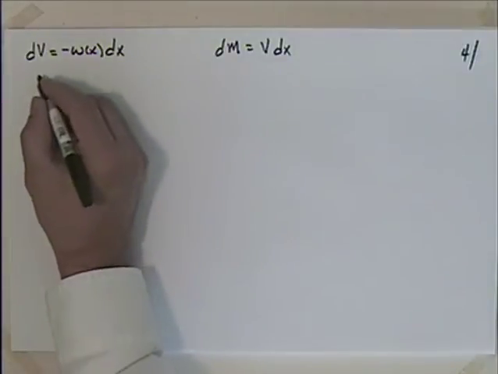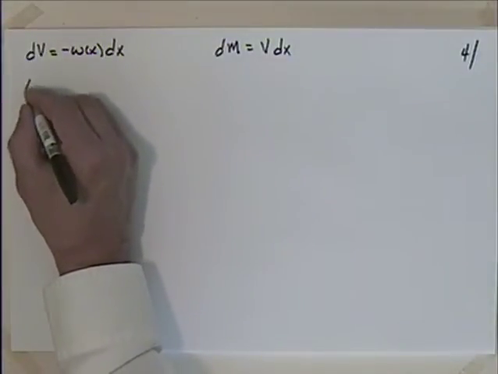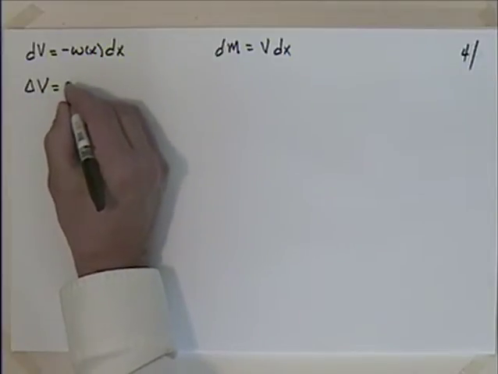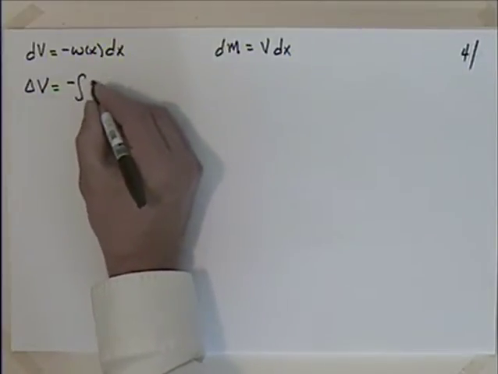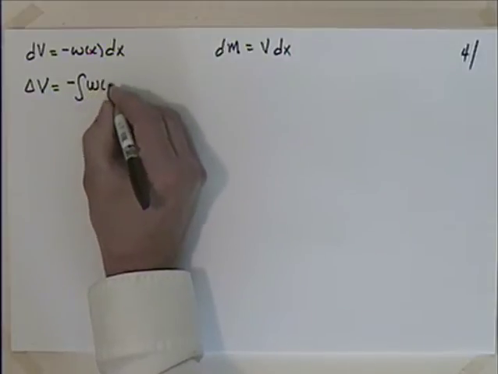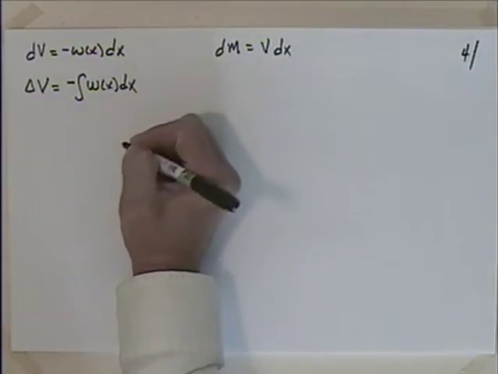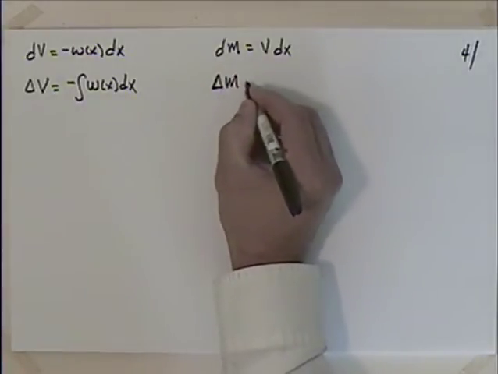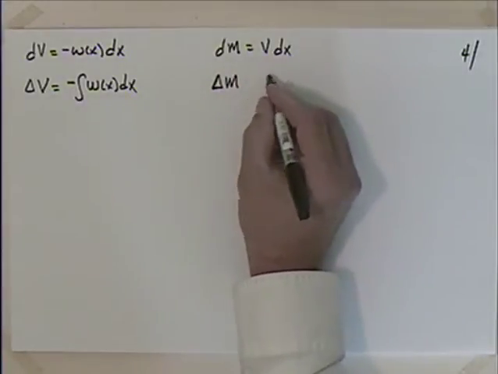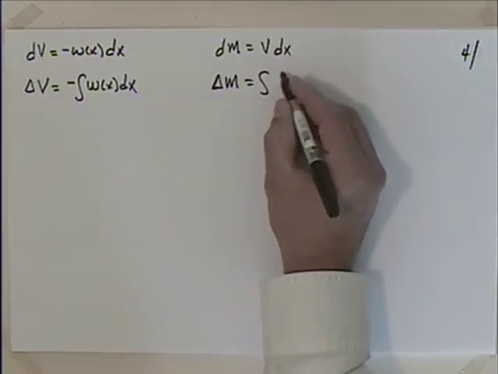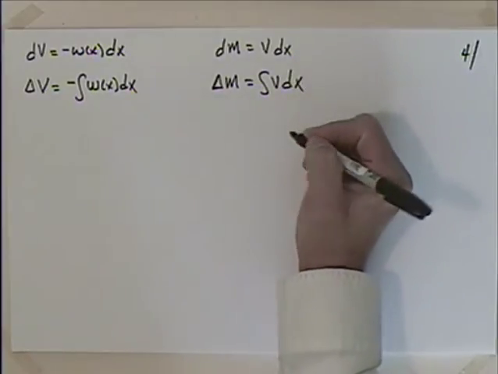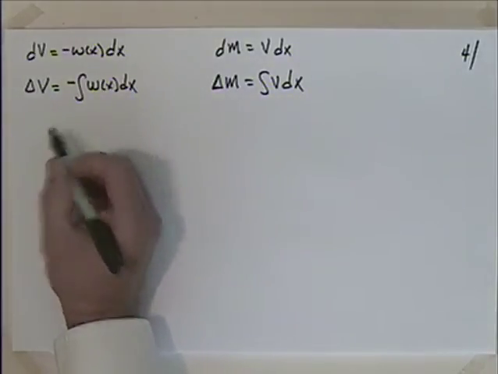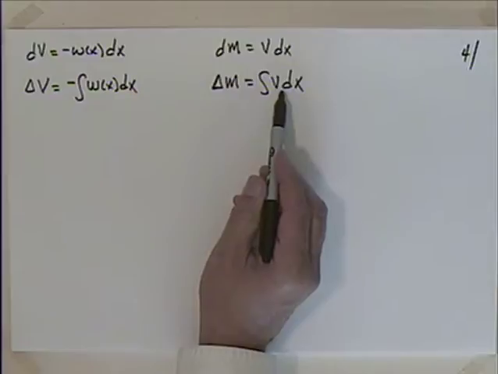If I integrate both sides, I could say that delta V, the change in V, is equal to minus the integral of w of x dx. And if I do the same thing here, I could say that delta M, M2 minus M1, the change in M, is equal to the integral of V dx. So again, what's this say in plain English?